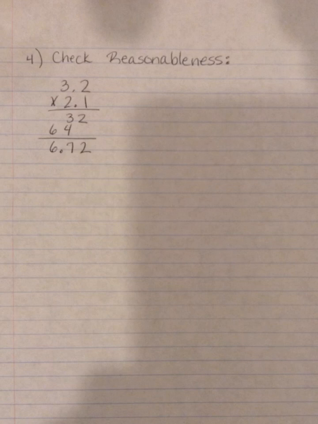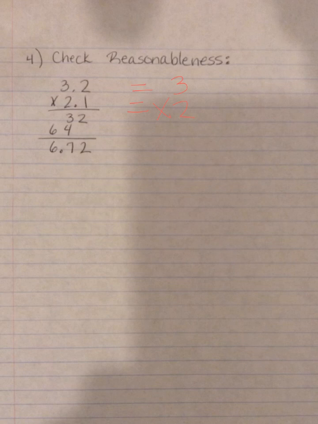Okay, so now what we want to do is check for reasonableness. In the last box, we said that 3.2 times 2.1 is 6.72. We want to see that we're on the right track. So the way we can do this is by estimating my factors to get an estimate. So 3.2 rounds to 3, and 2.1 rounds to 2.